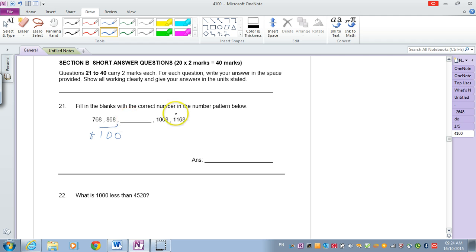Now I told you before, we have to check with another pair of numbers. So let's check 1068 with 1168, and yes, it's also adding of 100. Okay, so we can very safely know that from 868 to the next number in the blank is adding of 100.